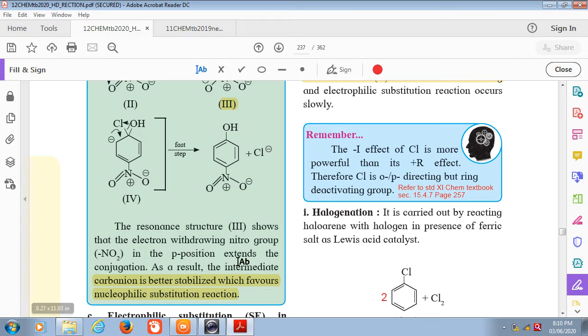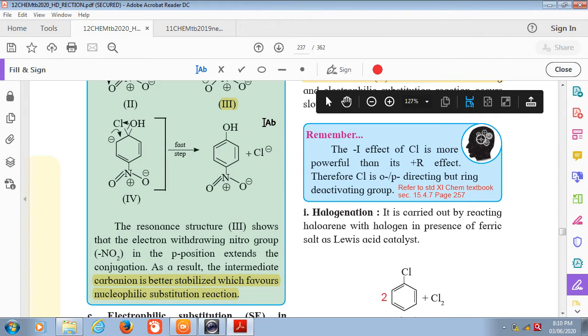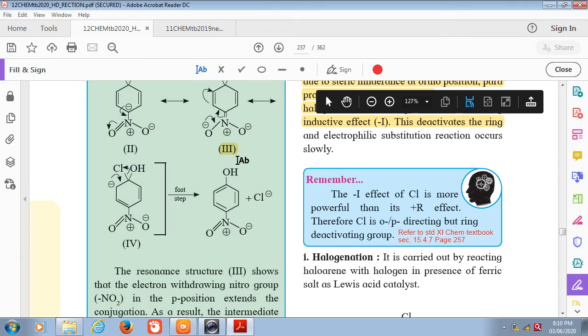So it extends the conjugation. So the intermediate carbanion, means carbon carrying negative charge, is better stabilized, which favors the nucleophilic substitution. So you can easily understand this with structure number 3.